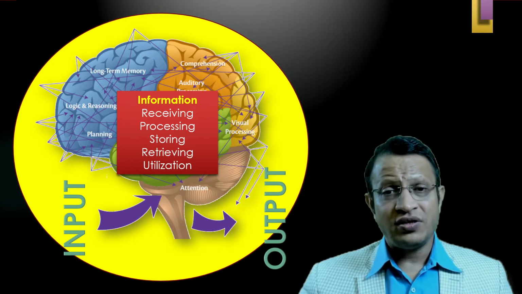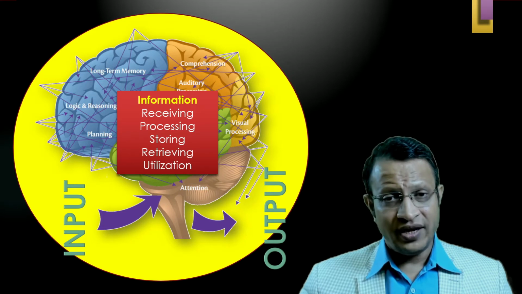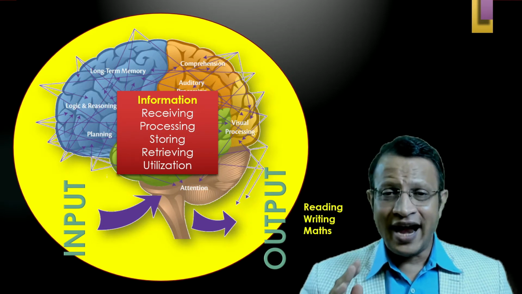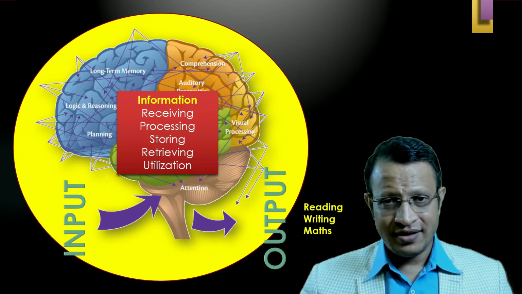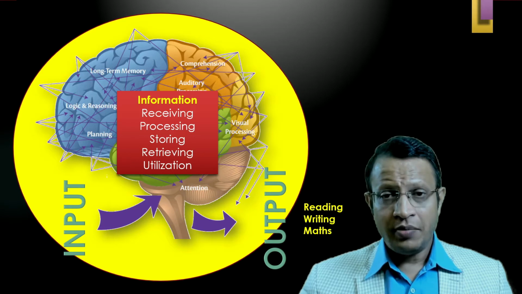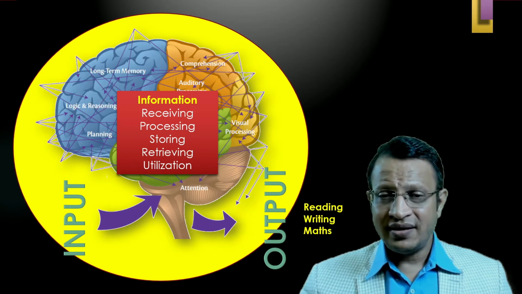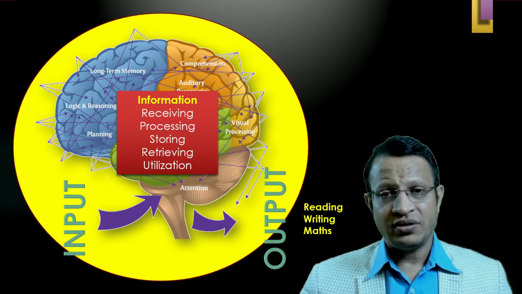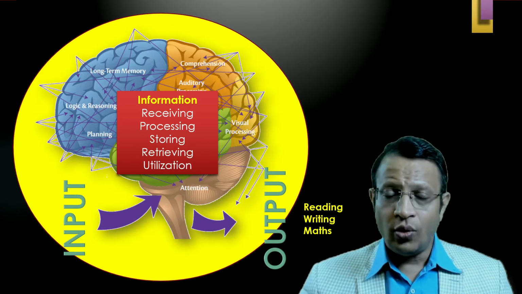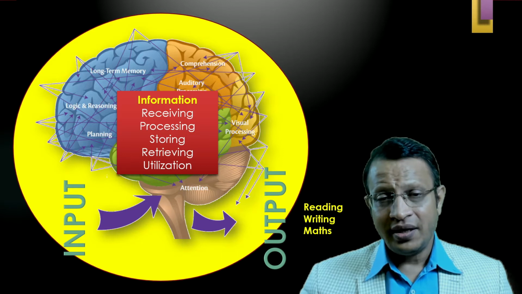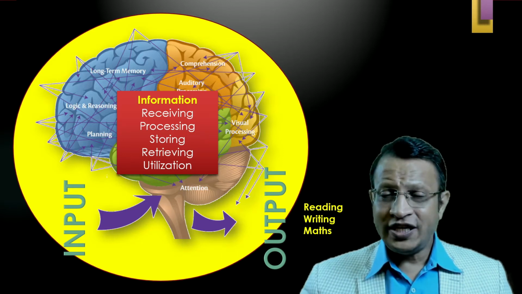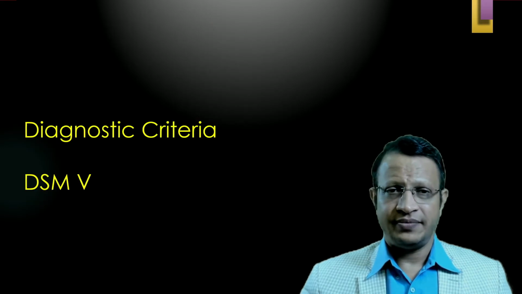So, this process of cognitive skill is very essential. That will be considered as reading, writing, and mathematical skills. These skills occur in the brain of a human being because human beings have learned language, and the process of academics exists only in human beings in the animal kingdom. Hence, SLD can be considered very specific to human beings.